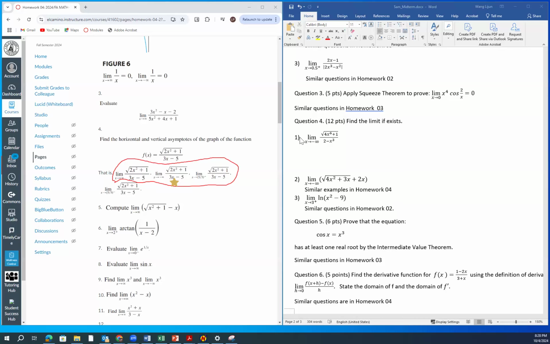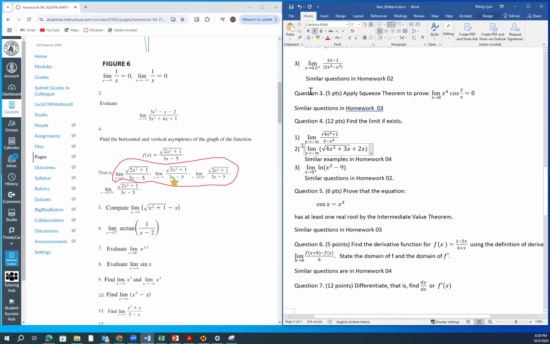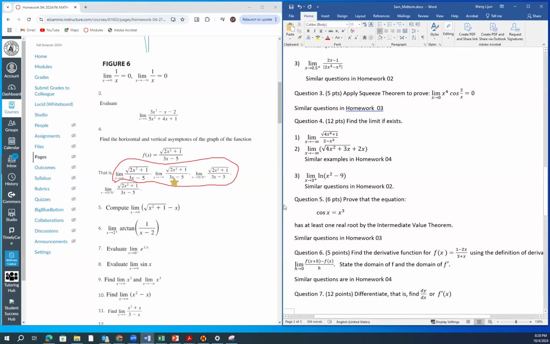And number 1, number 2, right? Here is what. These questions are, I would say, the 4 types. Okay, limit at infinity, right?